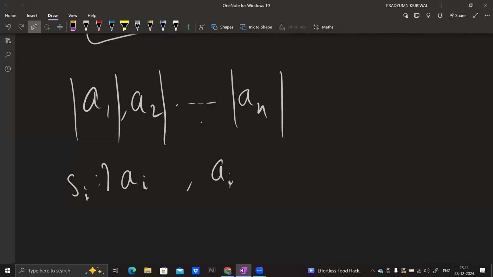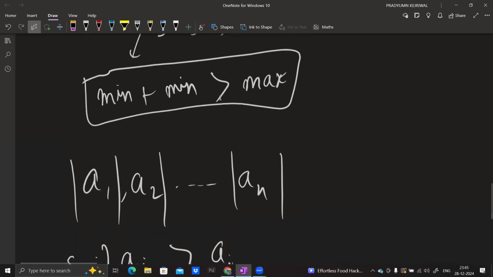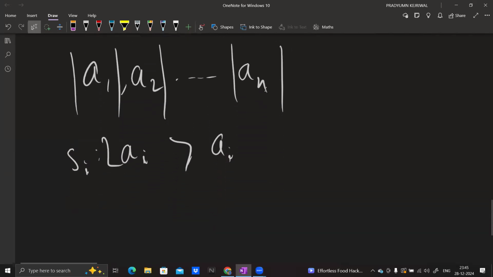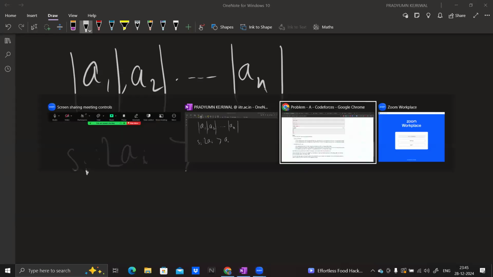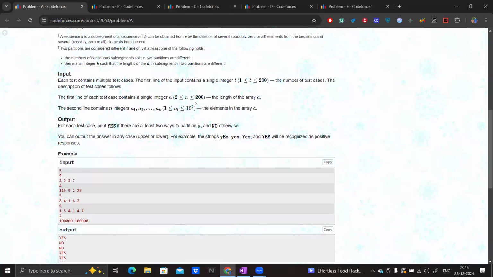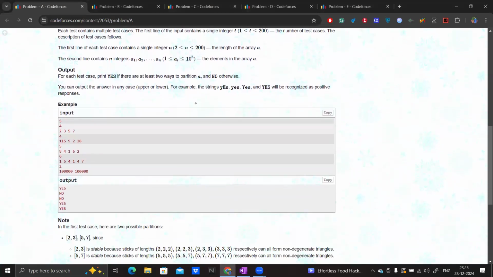So definitely 2 into ai is greater than ai. Our condition is 2 into min should be greater than max. So our condition will definitely be satisfied, right? So this is one arrangement. But we want to find out whether there exist at least two or not. So basically we just want one more and then we'll be done.